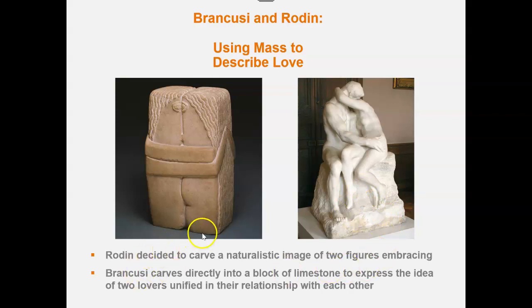But in Brancusi's idea, the two lovers are unified, eye to eye, mouth to mouth, completely stuck together. So for him, this is a better description of love because they're unified together. Those are some of the things you could talk about when looking at these sculpture pieces and talking about form and its intent and what it actually creates.